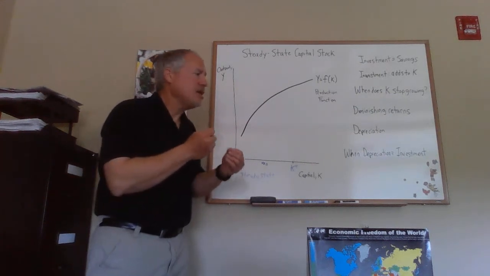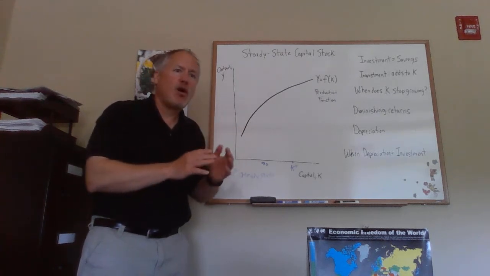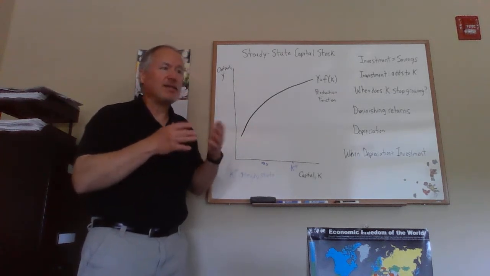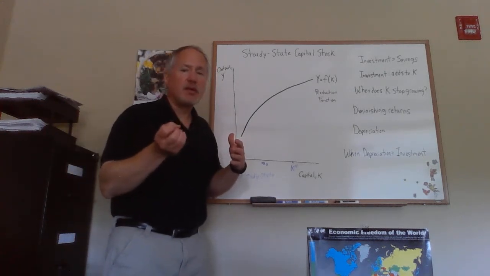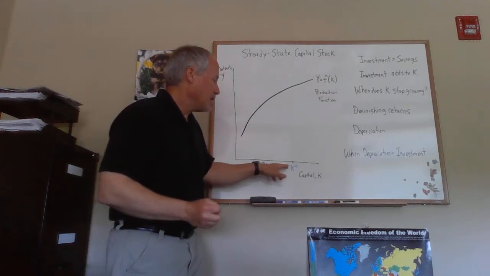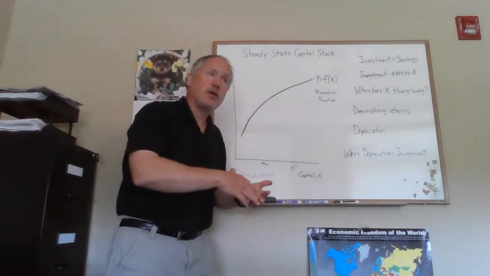Again, the steady state is a relatively easy way to solve an otherwise very complicated dynamic model. A dynamic model, again, dynamic meaning that the capital stock in the next period is going to depend on what the capital stock this period was and the amount of investment we had.